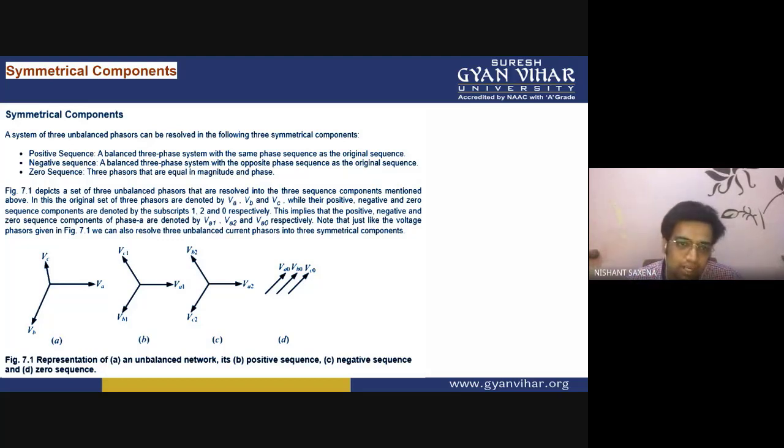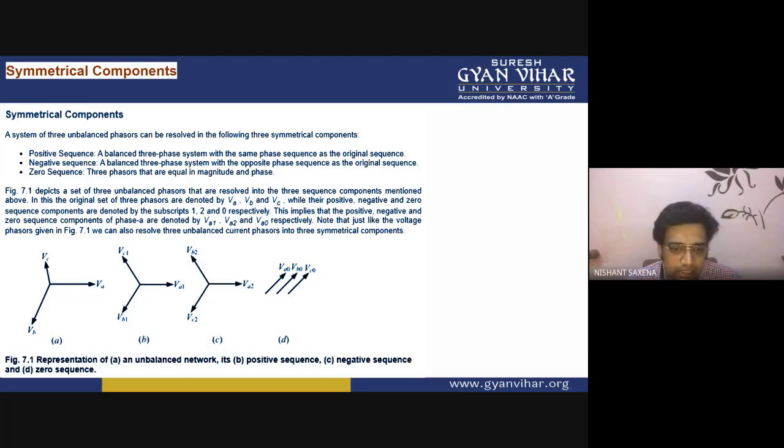Now look at this. We have three sequence components: positive sequence, negative sequence, and zero sequence components, described in figure 7.1 in A, B, C, D respectively.